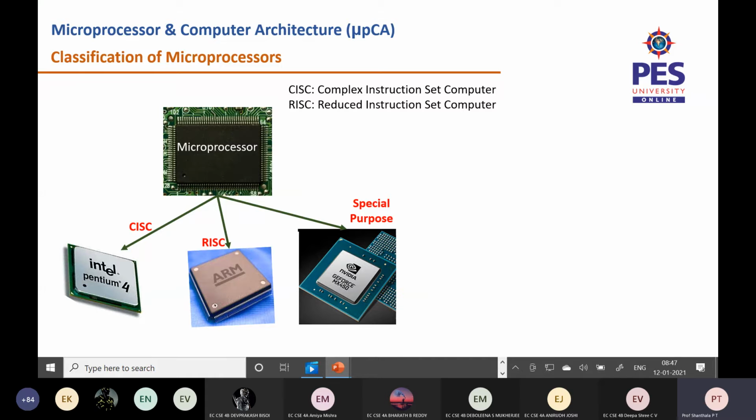So we don't have many instruction sets and addressing modes. That's why we have taken RISC machines in our study, which is easy for understanding how the microprocessor executes the program. So CISC stands for complex instruction set computer, RISC stands for reduced instruction set computer.